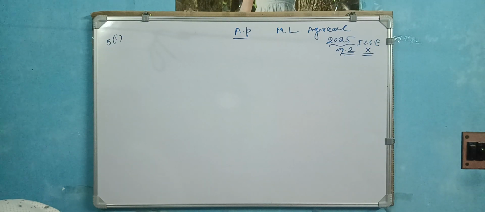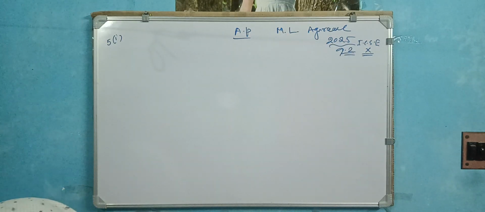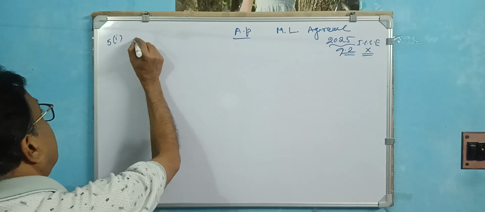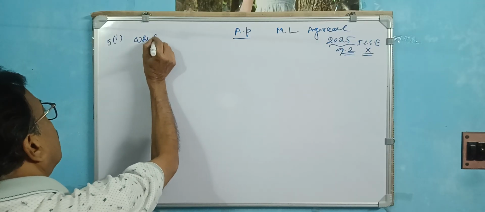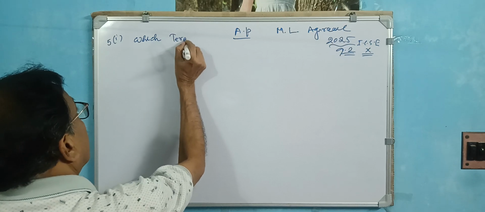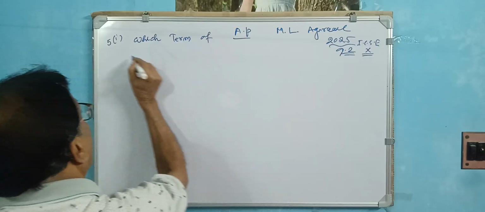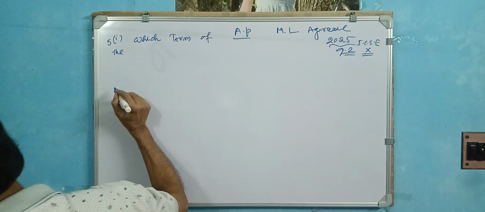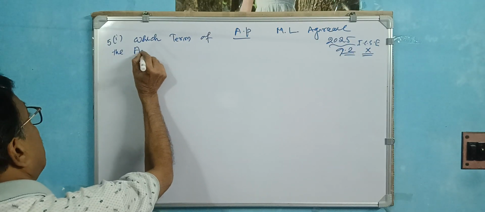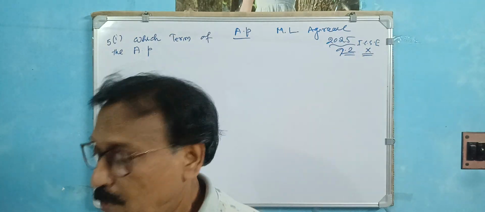What is the sum actually? Which term of the AP is this? Write the sum. Which term of the AP?